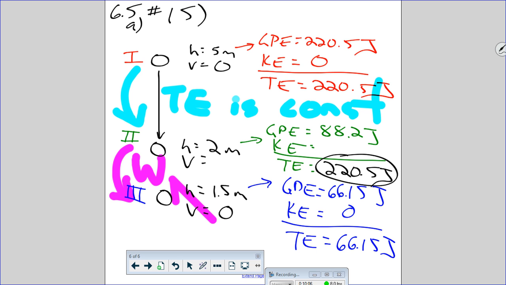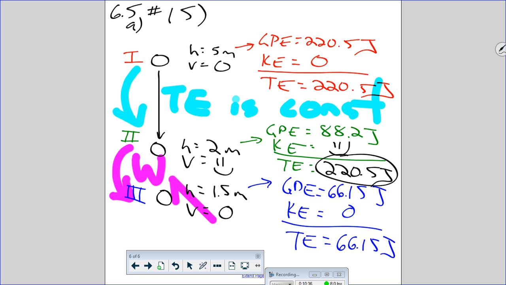Now, if I wanted to, I could find this kinetic energy by just subtracting, and I could find this velocity once I know the kinetic energy. The problem doesn't ask us to, but just as a side note, it's a thing we can do. We've done all of the hard parts. Are there any questions about what we've done here?